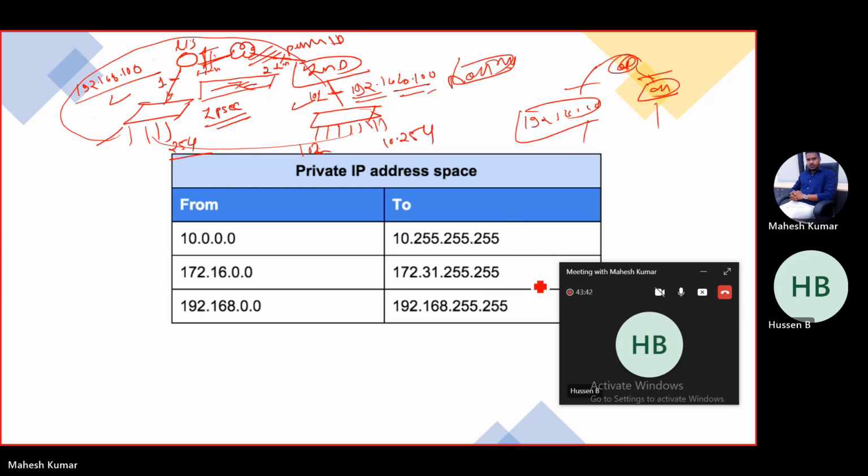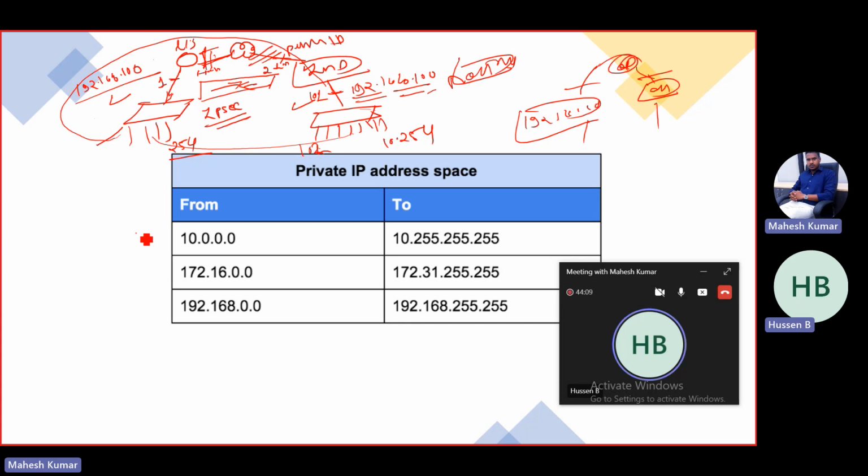So why has IANA given private IPs? Because there is no chance that everyone can purchase an IP. Like in your home, you don't need to purchase one. Or if you have 8 to 10 PCs, or 10 to 12 PCs, and you're running a small shop and you don't want to go to the internet, you simply don't need to purchase a public IP.